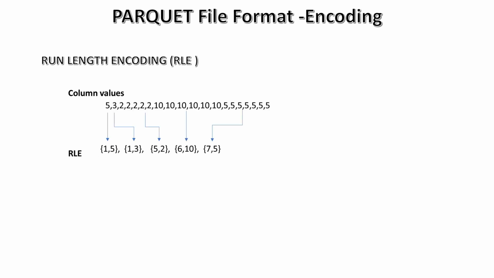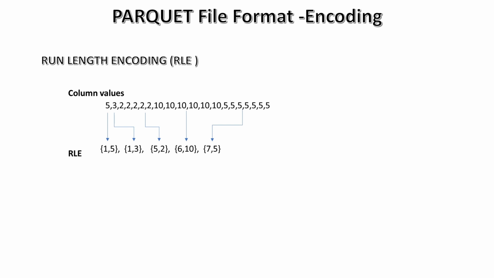Another type of encoding is run length encoding. Here we can see that a number of values are repeated. Here 5, 3, 2 is repeated multiple times, 10 is repeated multiple times, and 5 is repeated multiple times. Instead of storing all these repeated values, we will apply the run length encoding. In run length encoding, we will be storing each value and how many times it repeated.